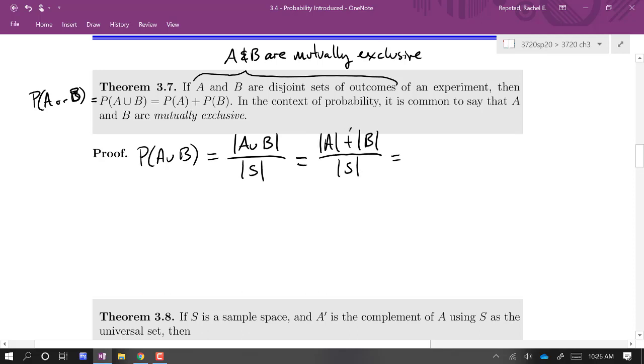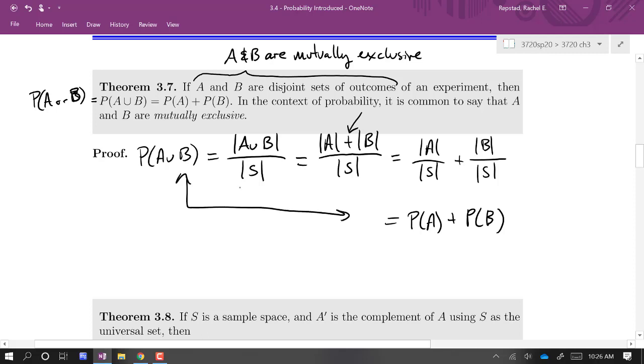And now I'm just going to do some algebra. I'm going to split it up over the addition. So this is the size of A over the size of S plus the size of B over the size of S. And this is equal to the probability of A plus the probability of B. There we go.